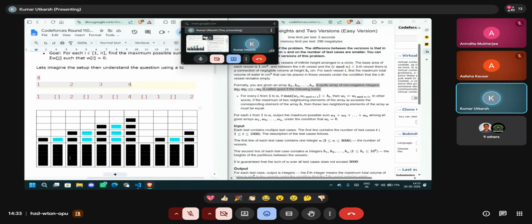You can look at this tower, and you are saying that if the water here at this point and the water here are greater than this, then if there is water here, and there is water here, it overflows to this place, or it overflows to this place and henceforth overflows to another vessel.